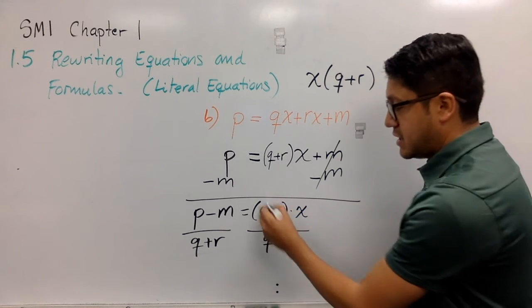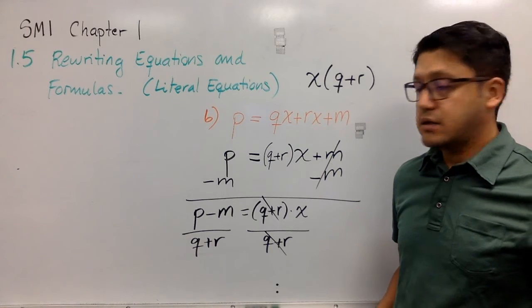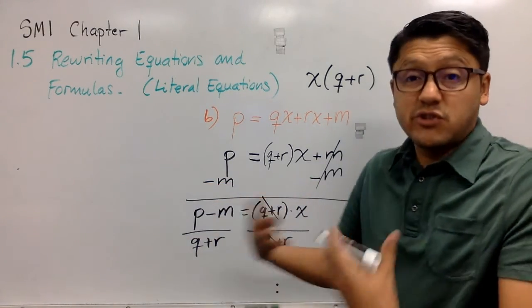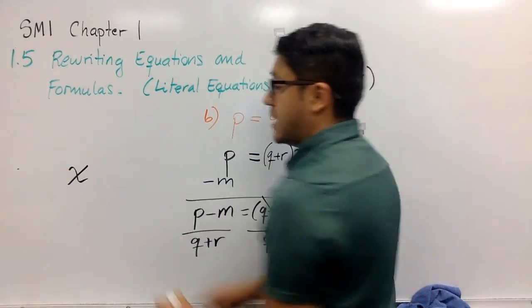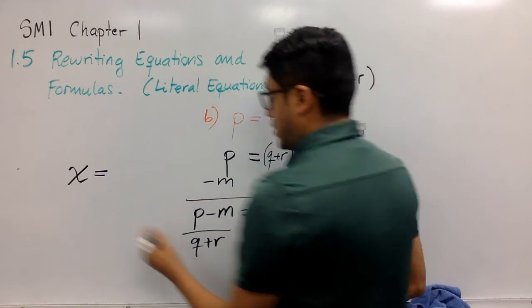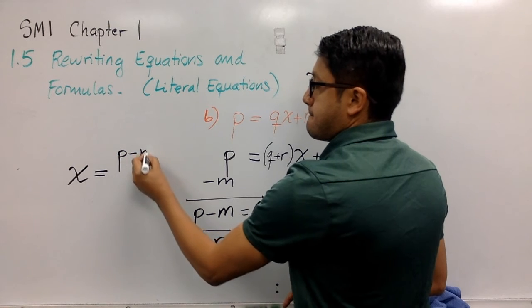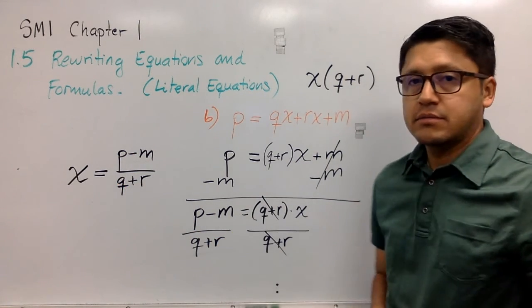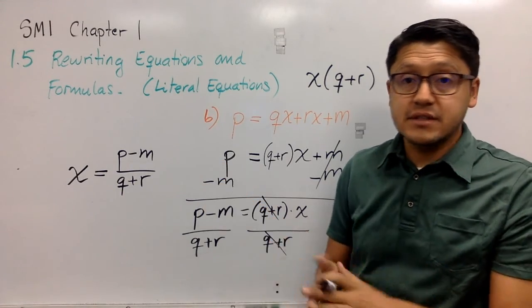Multiply and divide by the same number. They can be canceled out, and then you keep this like that. So I'm going to write the expression or the solution when I say that solving for x, you get p minus m divided by q plus r. And that's the end of the exercise. That's all right?